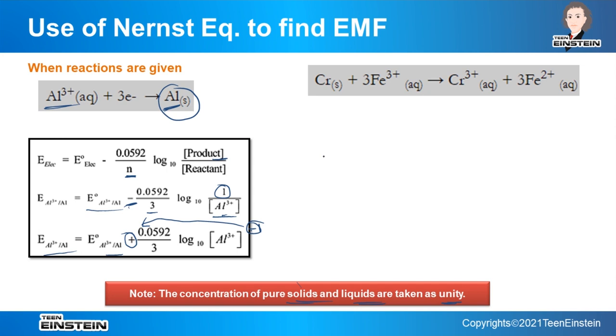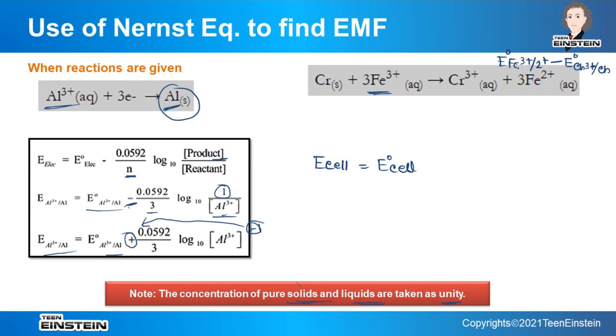So if we want to write it directly, then E cell is equal to E0 cell. And how will you get E0 cell? You can get it from the E0 of the Fe3+/Fe2+ system minus the E0 of the Cr3+/Cr system.